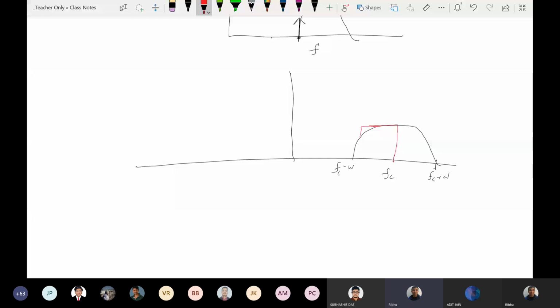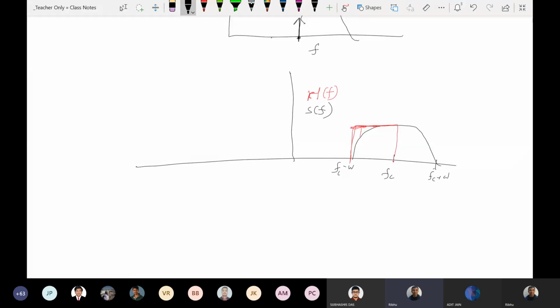So if I use a filter that looks like this, so this is h of f and this is s of f, I can chop off what is not desired and keep what is desired, using a bandpass filter.